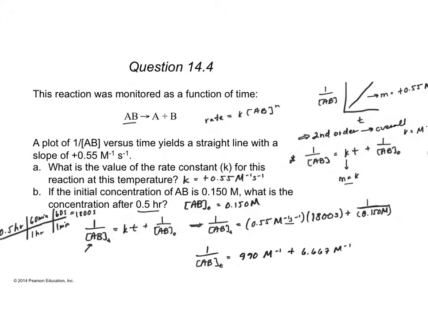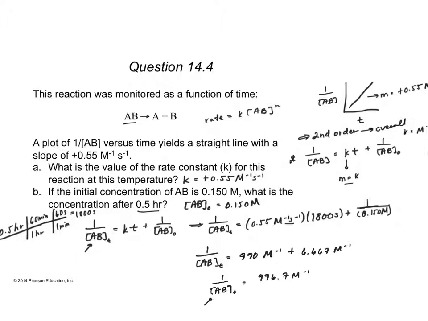When I add those two together, I get 1 over AB is equal to 996.7. And this isn't the answer. A lot of people like to stop here, but we want just AB by itself. So to solve for AB, we're just going to take the inverse of this number.